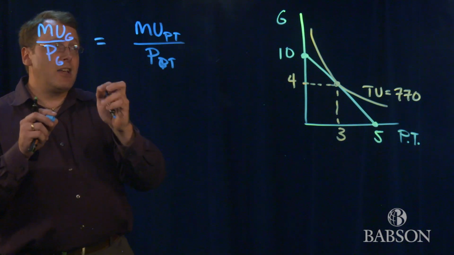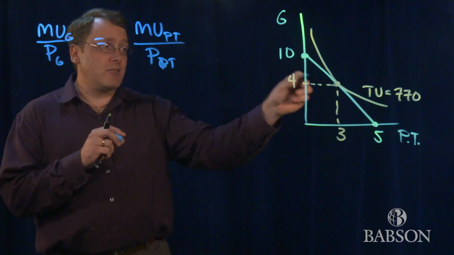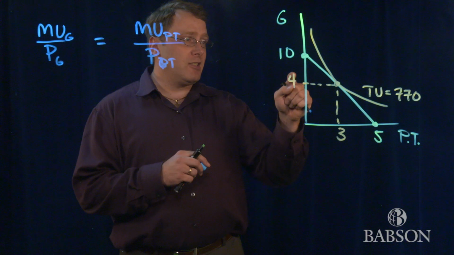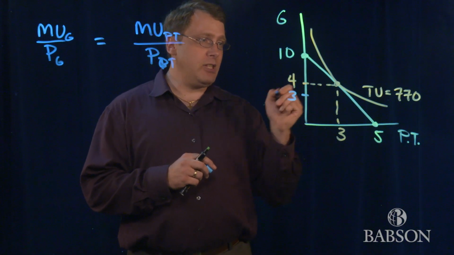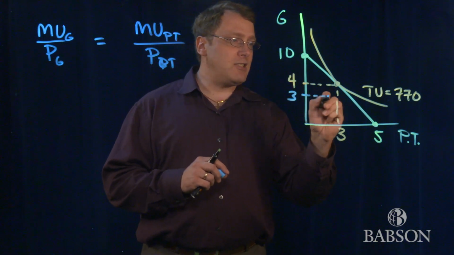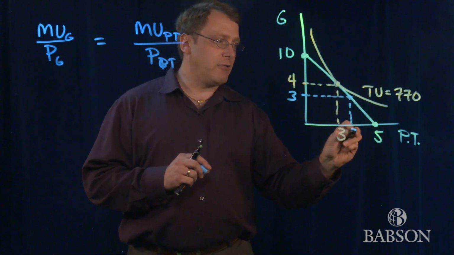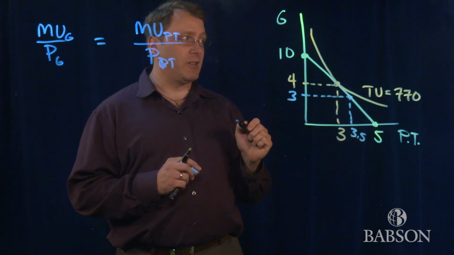Remember, we said, oh, well, if we move away from this 4 and 3, what's going to happen? As we consider, say, 3 units of granola, what does that do? That allows us, on our budget constraint, to now afford 3.5 Pop-Tarts.